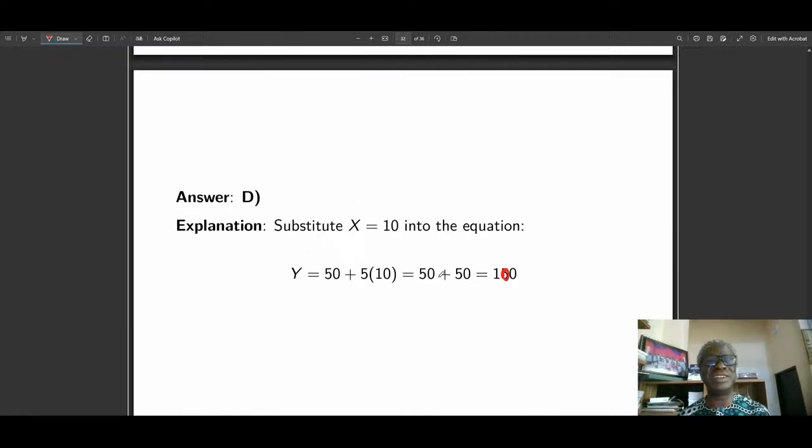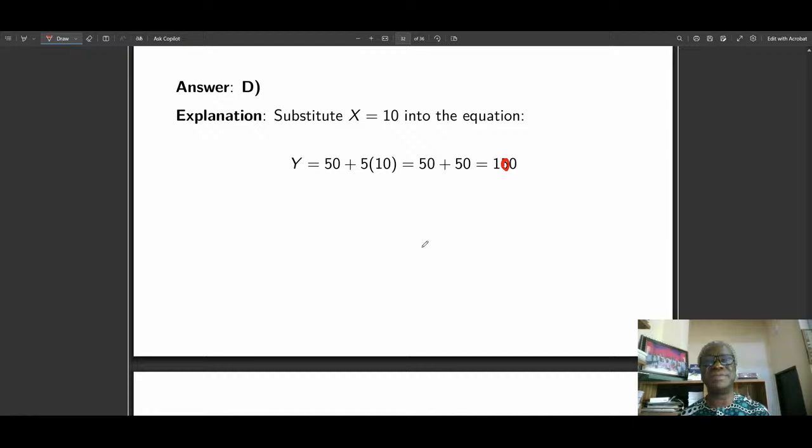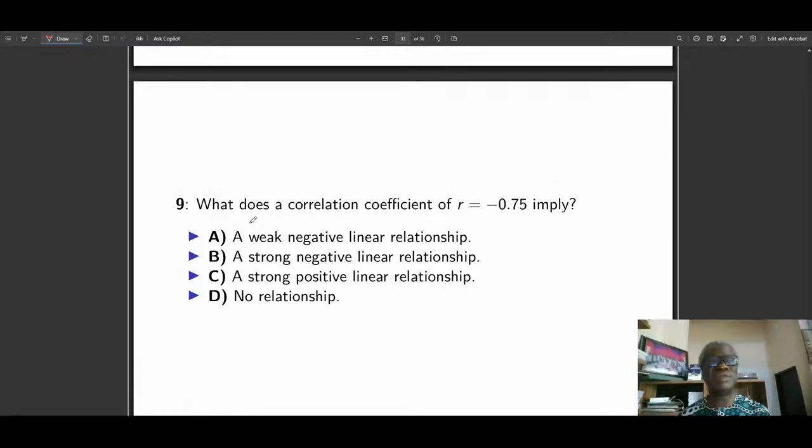This is now question 9. What does a correlation coefficient of R equals minus 0.75 imply?